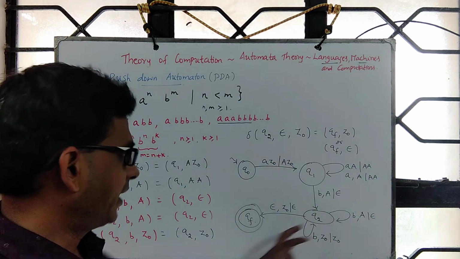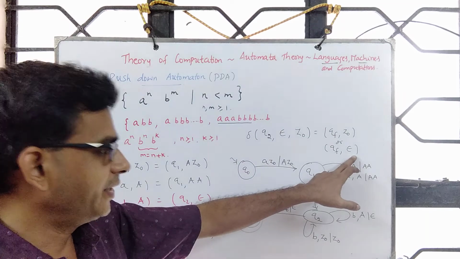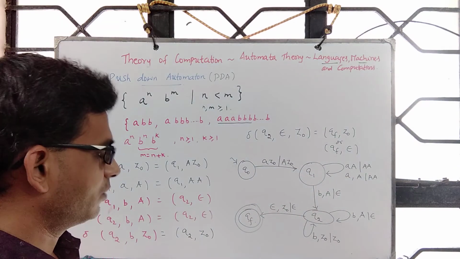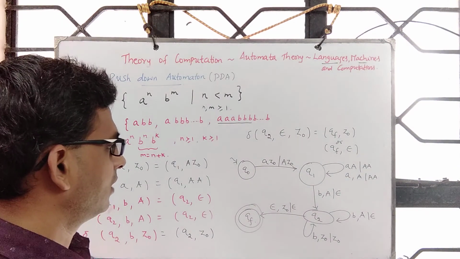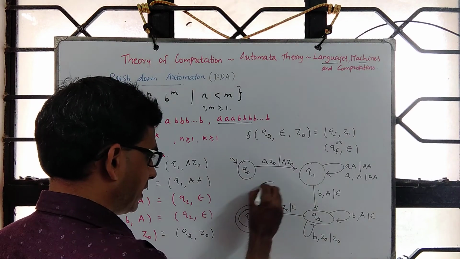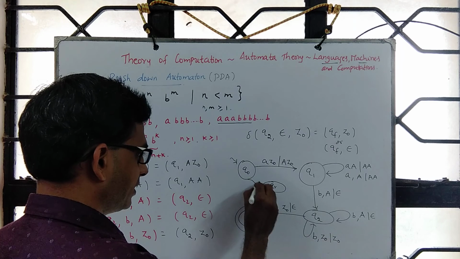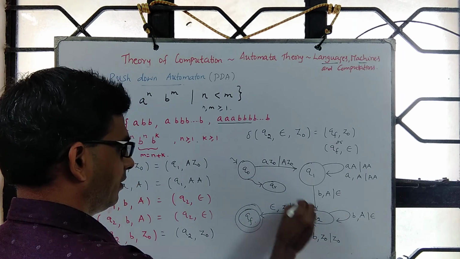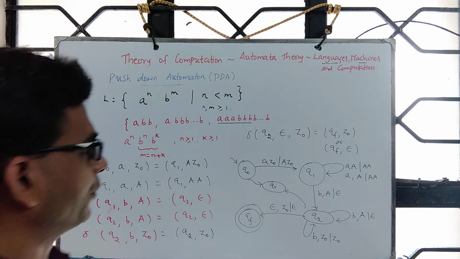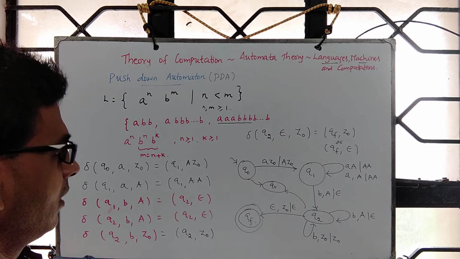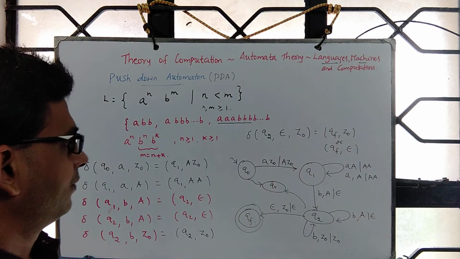Or you can also stay in Q2 and empty the push down store or stack. And as always, there will be a state called QR. The missing transitions will go to QR. Fine.